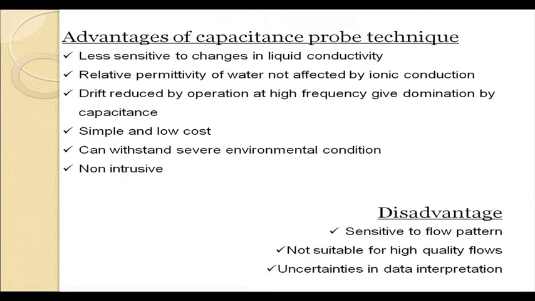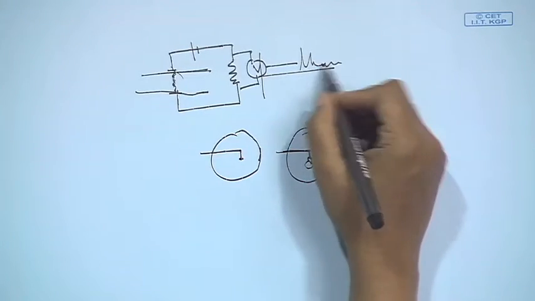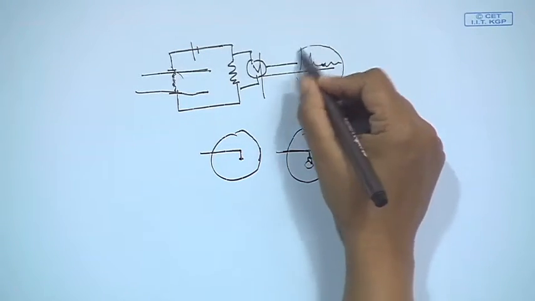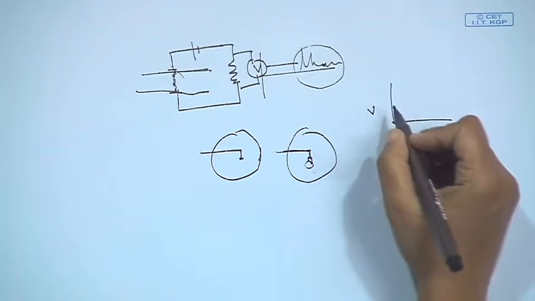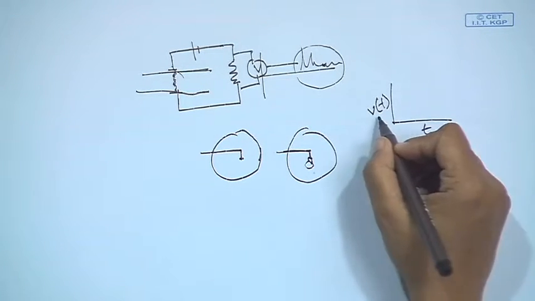Mostly for micro channels, the capacitance probe technique has been used. Although this circuit is slightly more complicated, there are certain advantages of the capacitance probe. Firstly, to make any particular quantitative measurement, just recording the voltage-time signal, we are not going to get anything unless it is properly normalized.